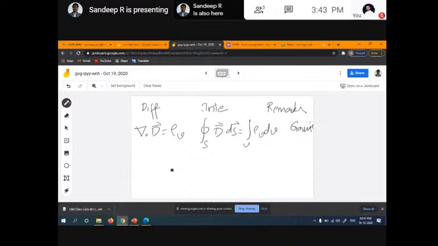Now similarly, let us complete the divergence concept. Del dot B is equal to 0. In integral form, we had written the surface integral of B dot dS is equal to 0. That is the non-existence of monopole.